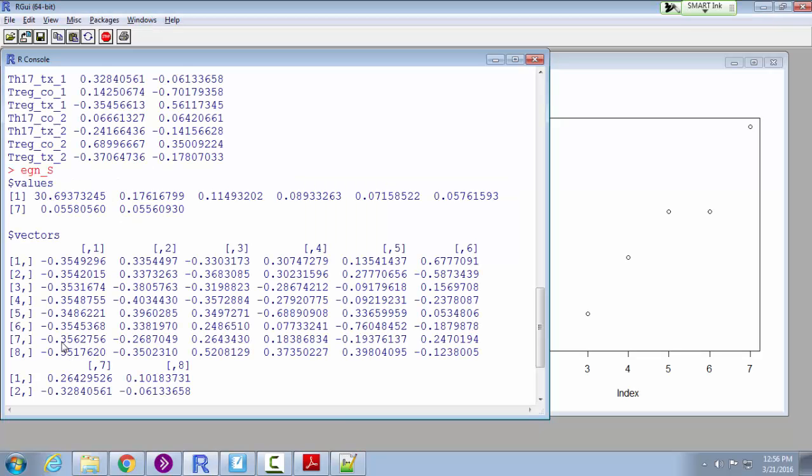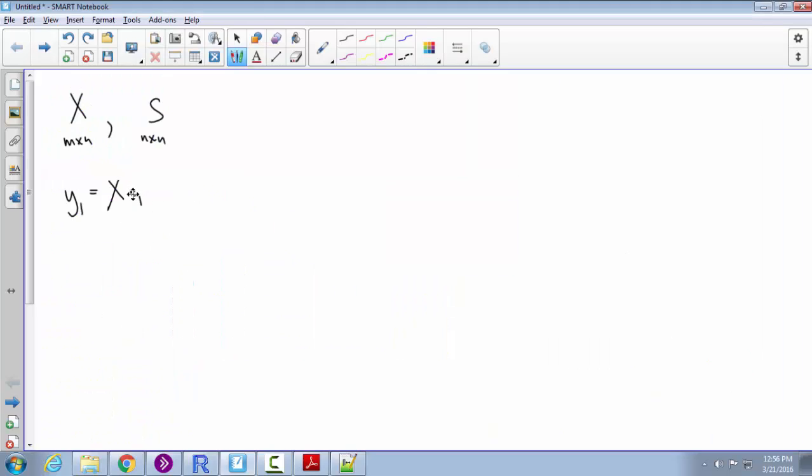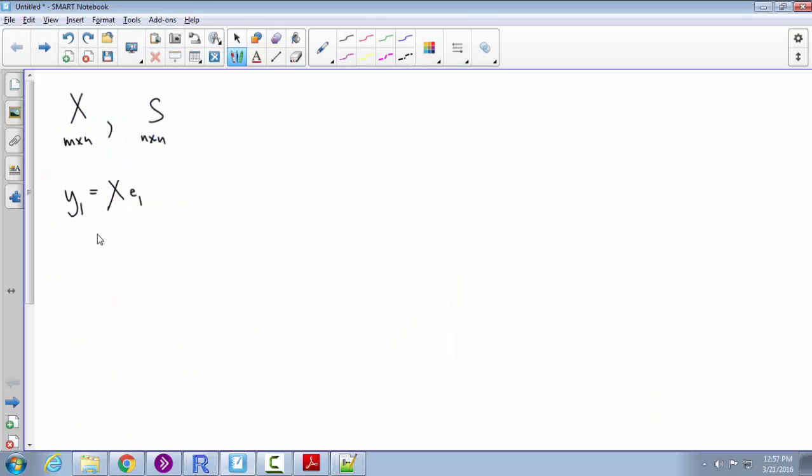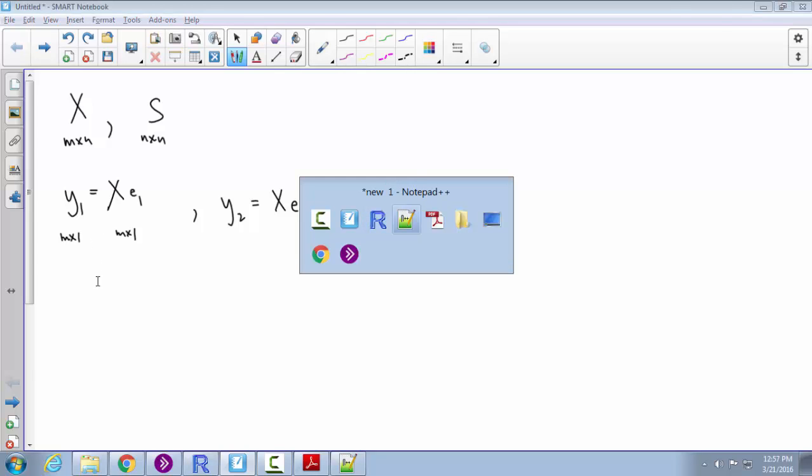So if I do this matrix multiplication, it will do that linear combination: column 1 times that, plus column 2 times that, and so on. This gives me a new variable of M, roughly 55,000, numbers. I can do the same thing for the second principal component. Let's compute these, and then I'll show you what they look like.